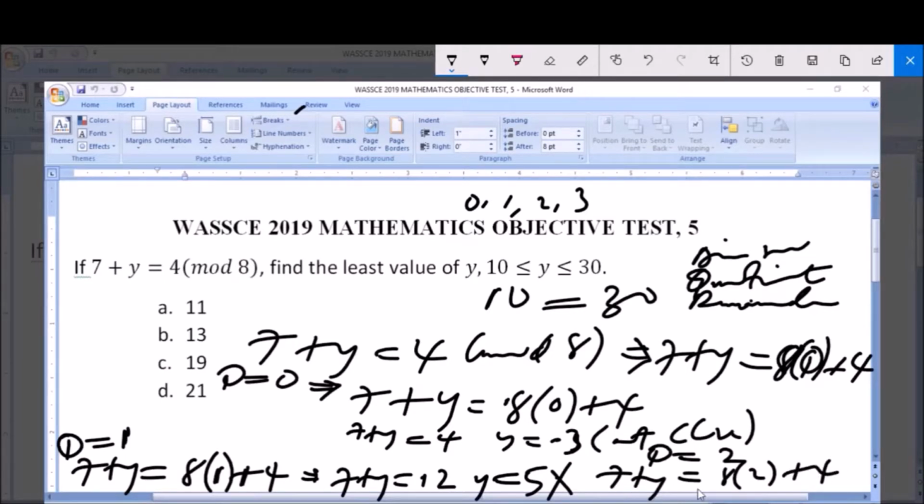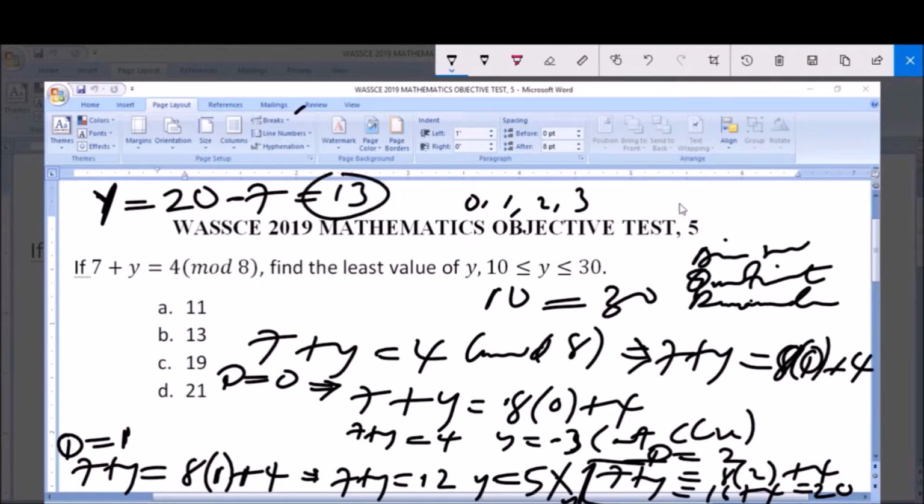Now 8 into 2 is 16, plus 4, that's 20. So 7 plus y is equal to 20. Let me come up here because of space. y is equal to 20 minus 7, which is 13.